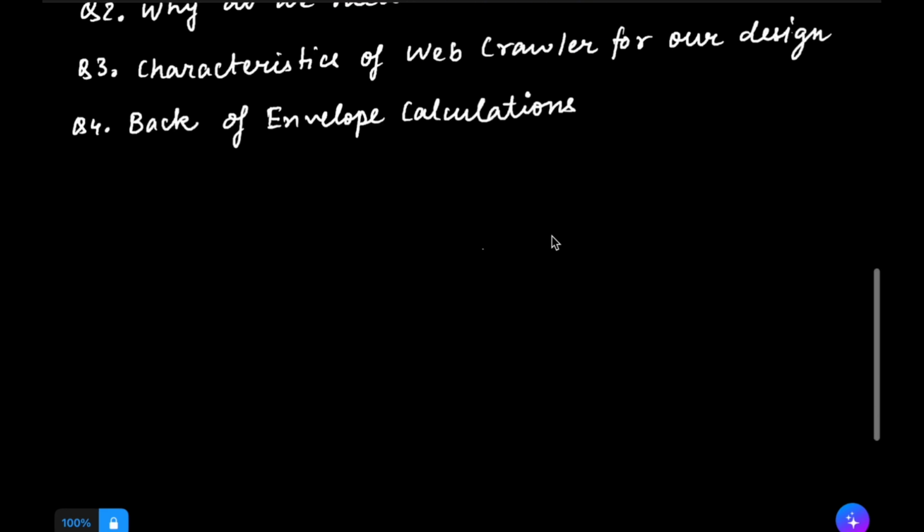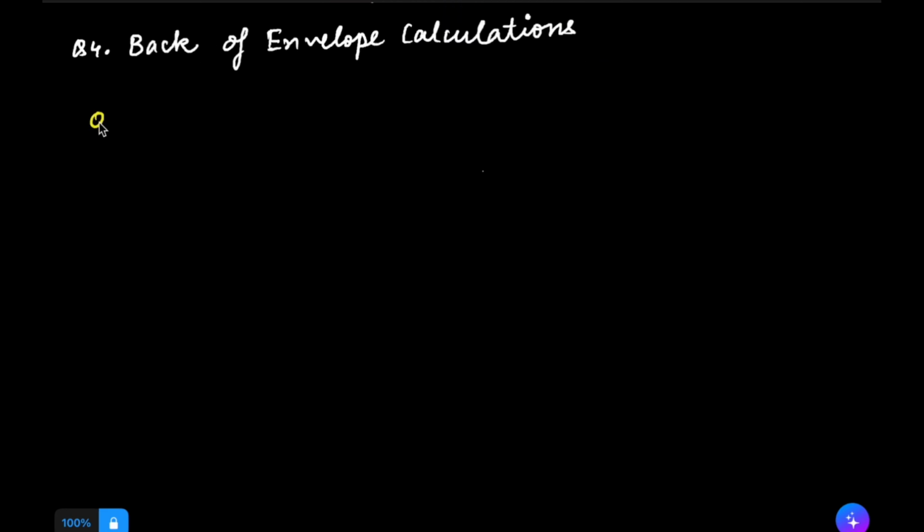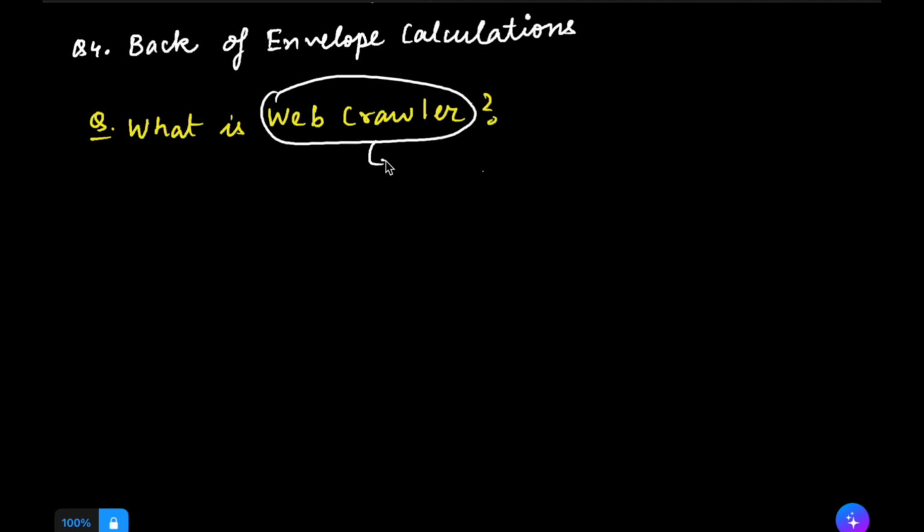So first is, what is a web crawler? We'll first know what this is before designing it, right? A web crawler, as the name suggests, is like a robot or a spider, you can say.